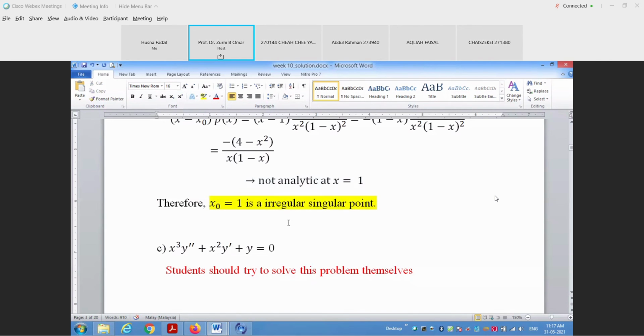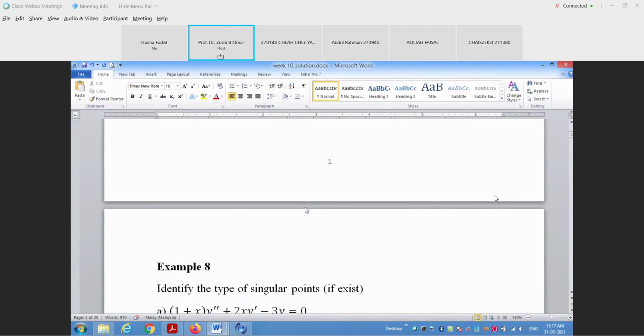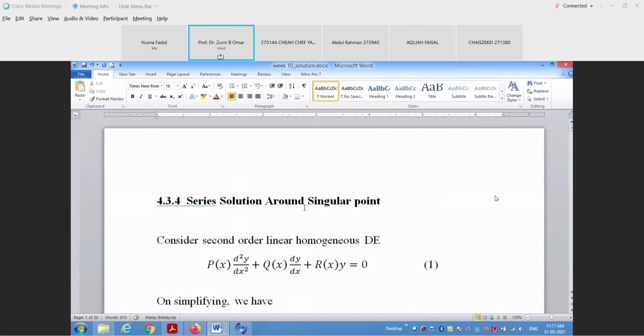In the next meeting, which is on Thursday, we will find the series solution around a regular singular point.